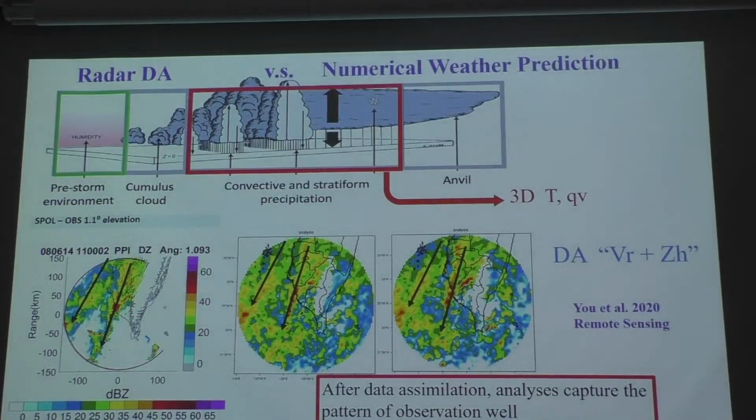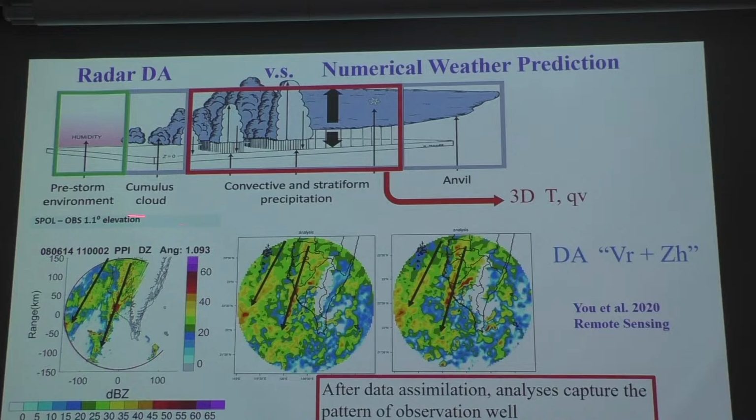So after introducing nowcasting, let's assume that this is the time of spin up, and now we pass the spin up time and move on to radar data assimilation versus numerical weather prediction.